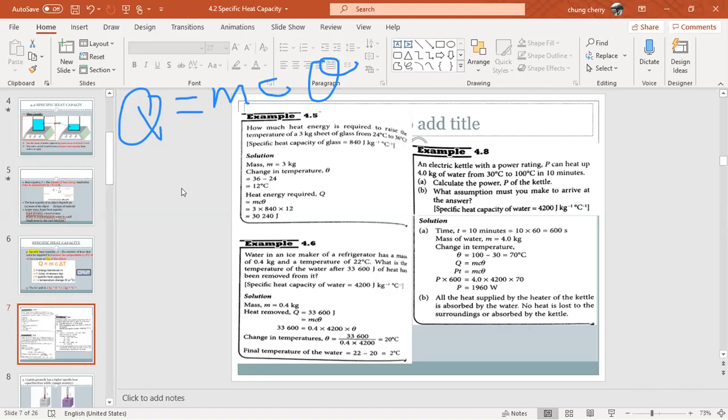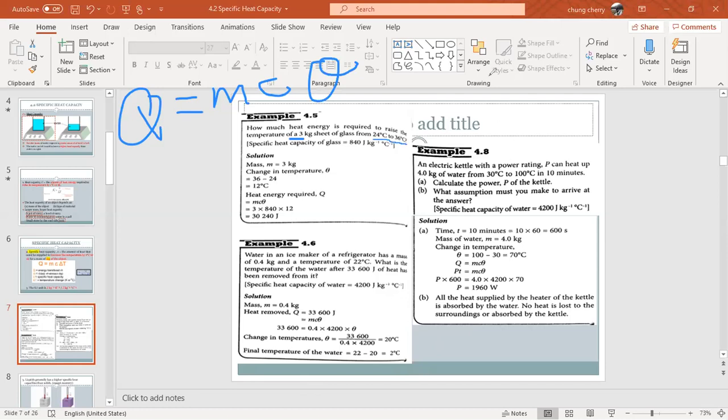For example 4.5, how much heat energy is required to raise the temperature of 3 kg of a sheet of glass from 24 degrees Celsius to 36 degrees Celsius? They have given you the mass, and the change in temperature.